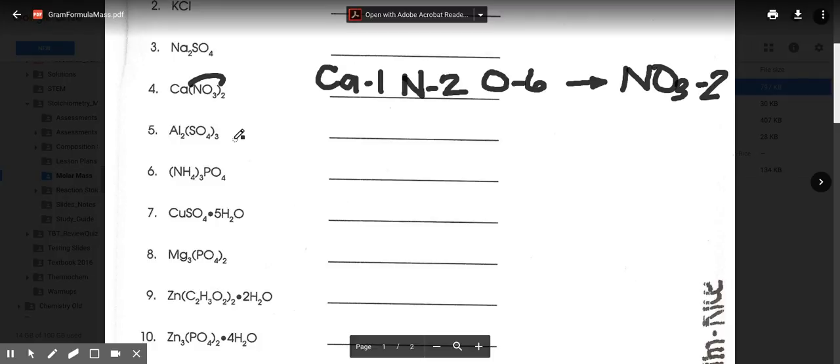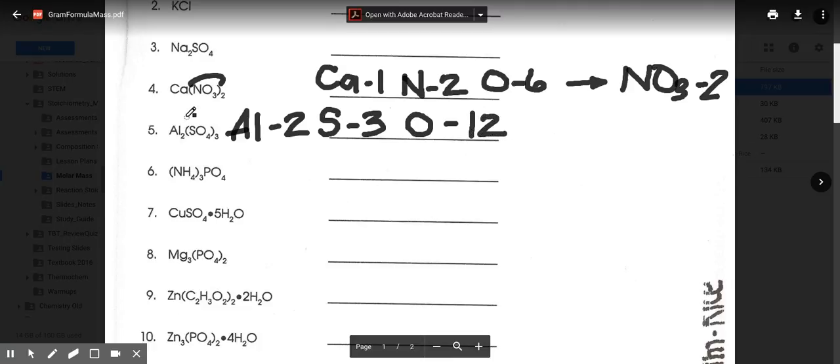As you look at number 5, if you look at aluminum, you have 2 aluminums. Distributing that 3 through the inside of the parentheses, 3 times 1 sulfur equals 3 sulfurs. You have 4 oxygens inside the parentheses, but when you multiply 3 times 4, you get 12.